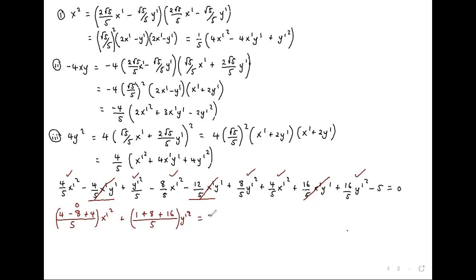So this is equal to 5. Let's just say it's 5. So that is 25 over 5. We get 5. So we have 5 y prime squared is equal to 5, which is y prime squared is equal to 1.